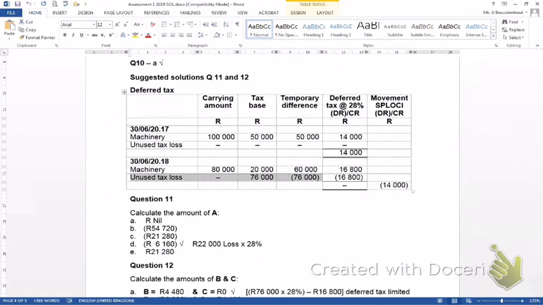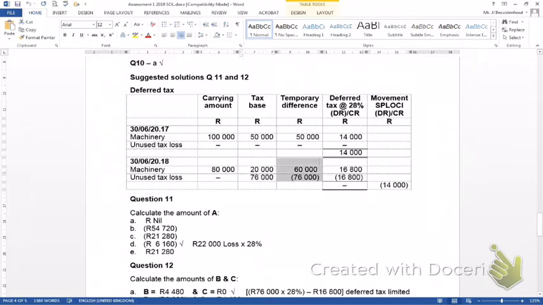They are still a going concern, but they do not foresee that they will make profits in the foreseeable future. And for that reason, we are not allowed to create a debit deferred tax. So in other words, this balance there must either be credit or zero. So that is why we limit that debit due to the unused tax losses to 16,800.